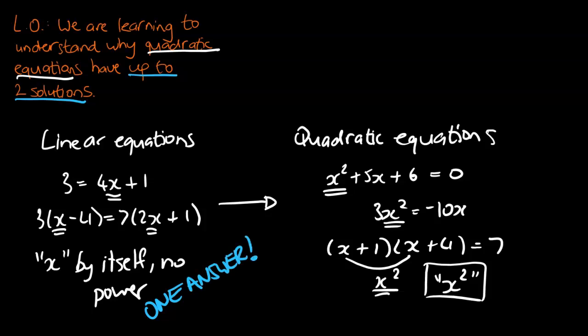That's just the feature of linear ones. Linear means straight line, and at every point there's one particular solution. And quadratic equations, something we need to be aware of, there's actually up to two solutions.